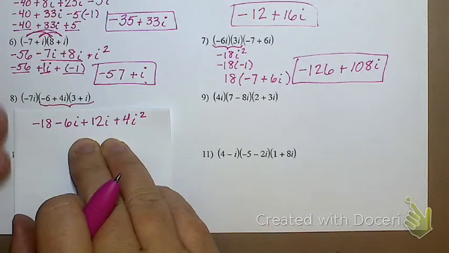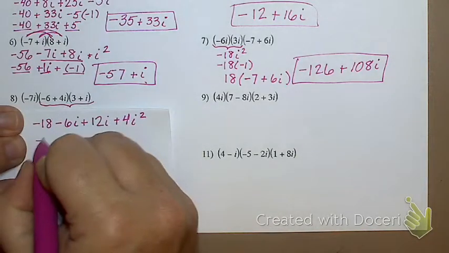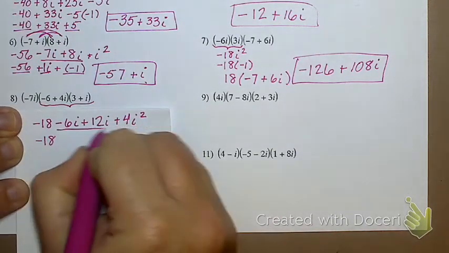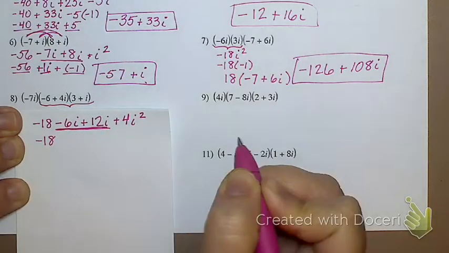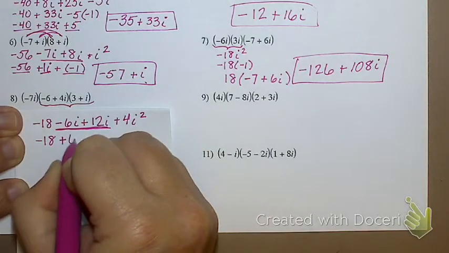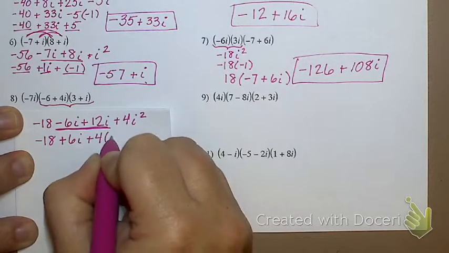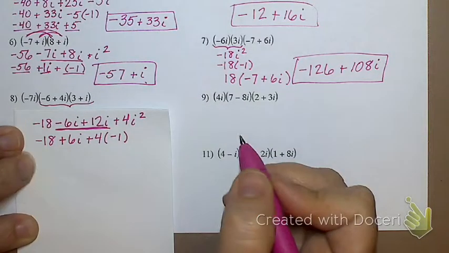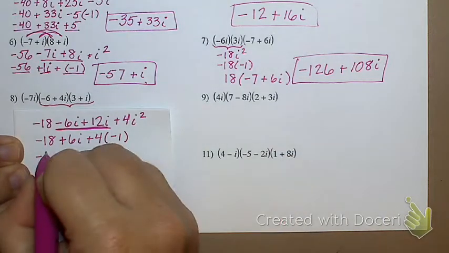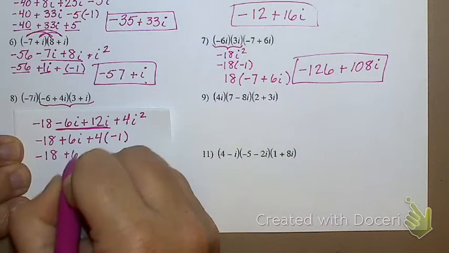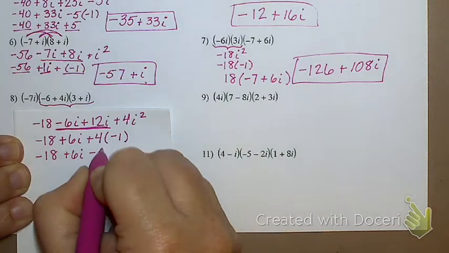You okay with that? So I have negative 18 plus 6i plus 4, and instead of i squared, I put negative 1. So that's negative 18 plus 6i minus 4.